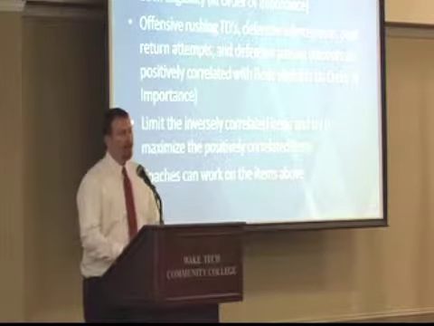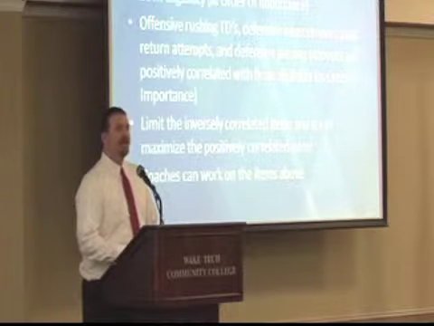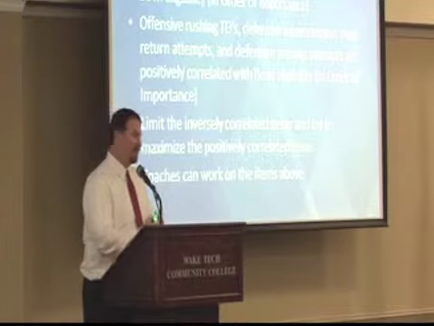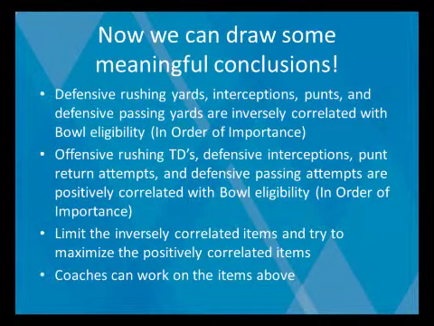So now we can draw some actual conclusions. Defensive rushing yards, interceptions, punting the ball, and defensive passing yards are inversely correlated with winning seasons. Offensive rushing touchdowns, defensive interceptions, punt return attempts, and defensive passing attempts are positively correlated. Those were the meaningful variables that come out of the model.